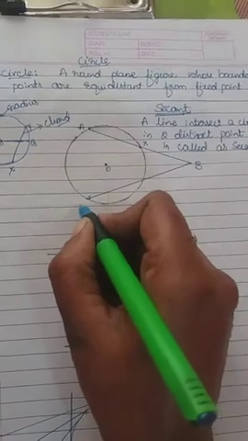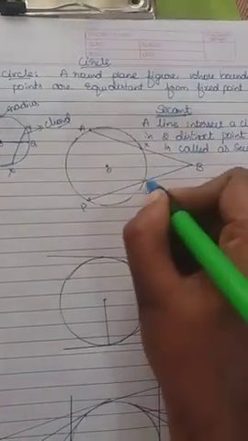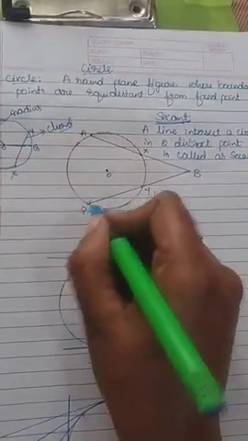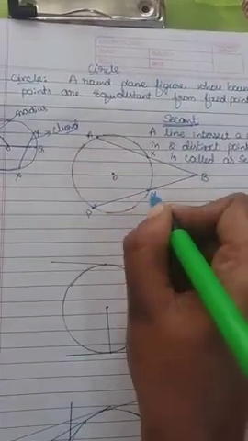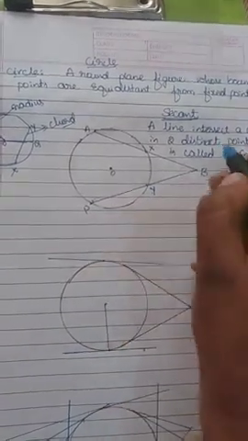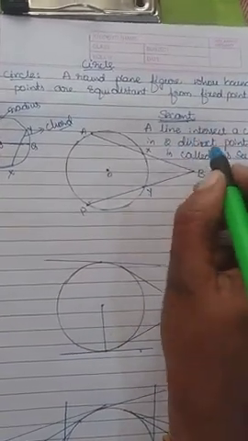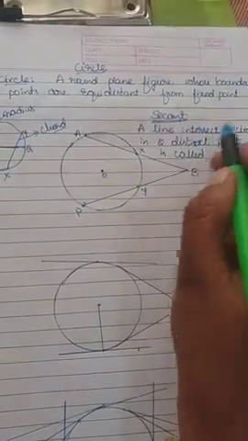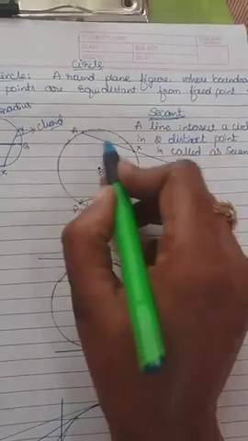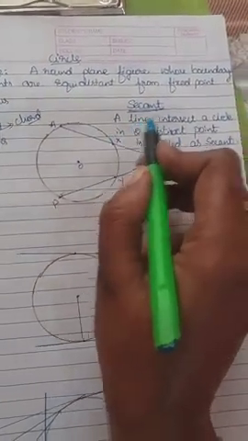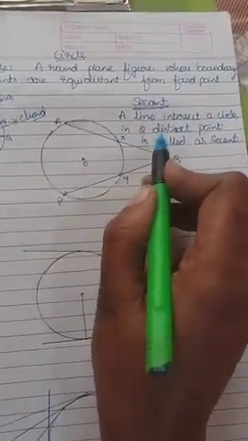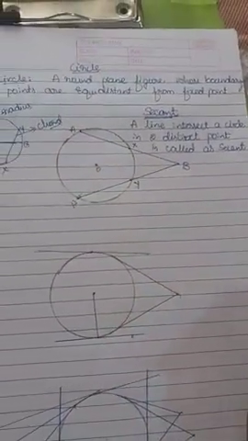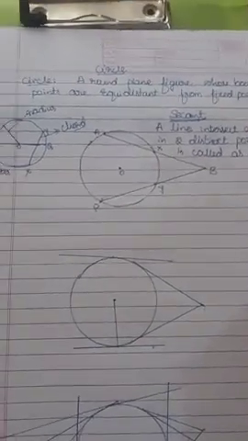This is also a secant, PB, which is a line that intersects the circle at the point P and one more point Y. Like that, two distinct points. A line intersecting a circle in two distinct points is called a secant. This is a new definition for you, so I hope you will understand this.